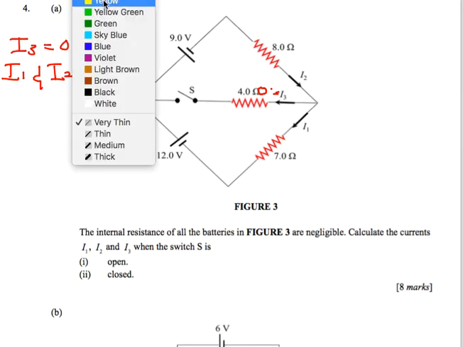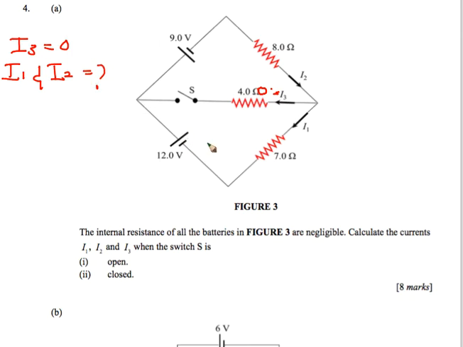To calculate I1 and I2, you can use Kirchhoff's laws. The first Kirchhoff law is total I in is equal to total I out. If you consider I1 and I2, this is the current flowing in the circuit.